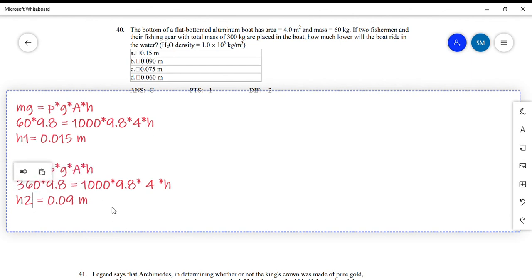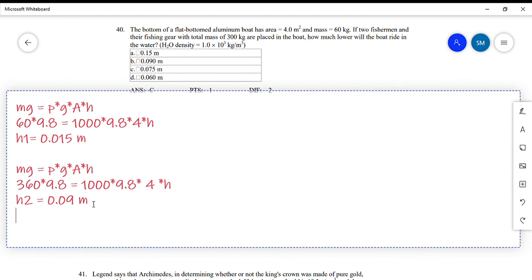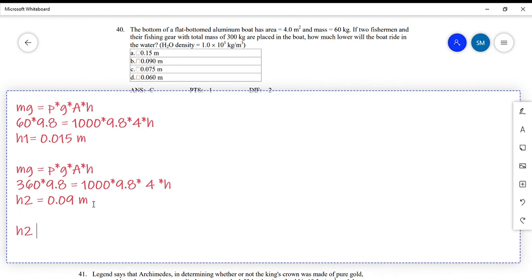You will subtract h2 minus h1, because he wants to know how much lower, 0.09 minus 0.015. So the answer will be 0.075 meter. So the answer is C.